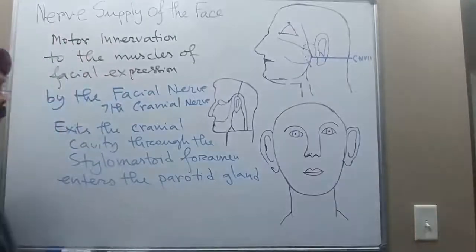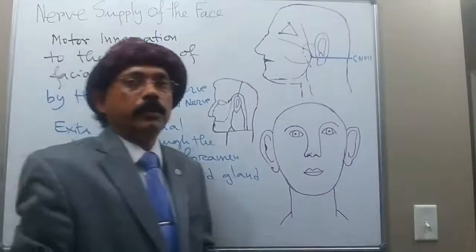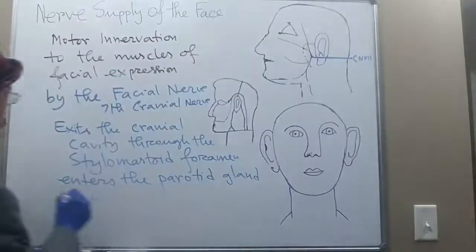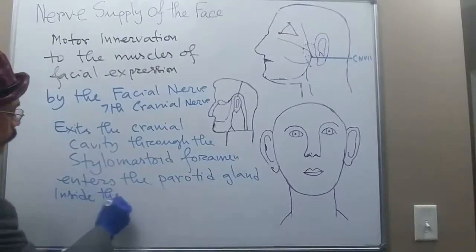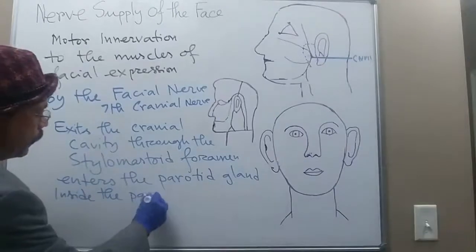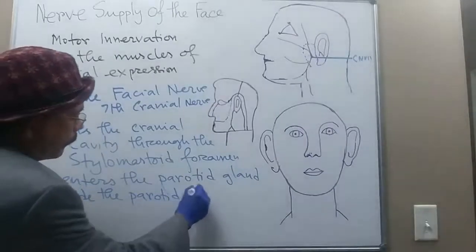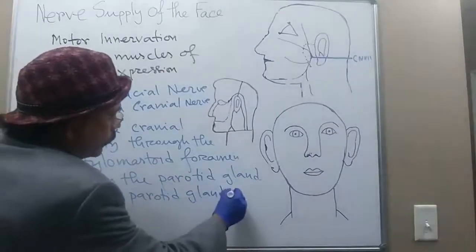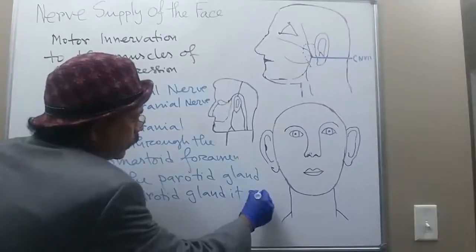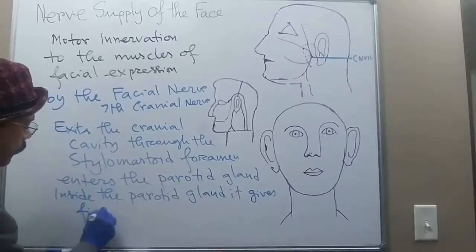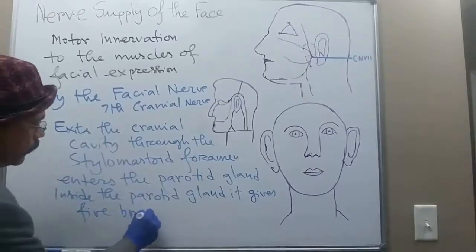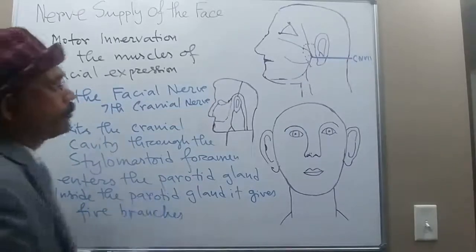Inside the parotid gland it gives 5 branches. We'll go through those branches.